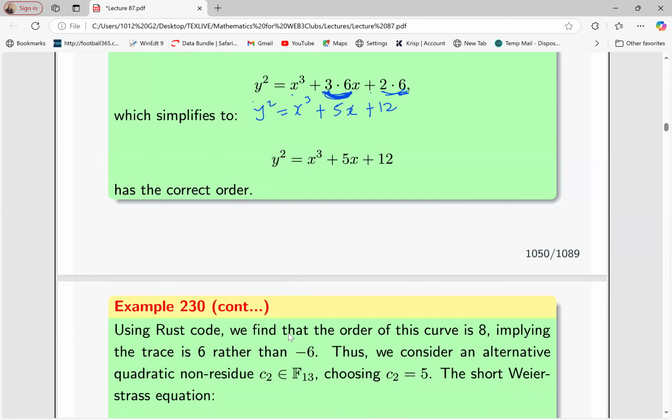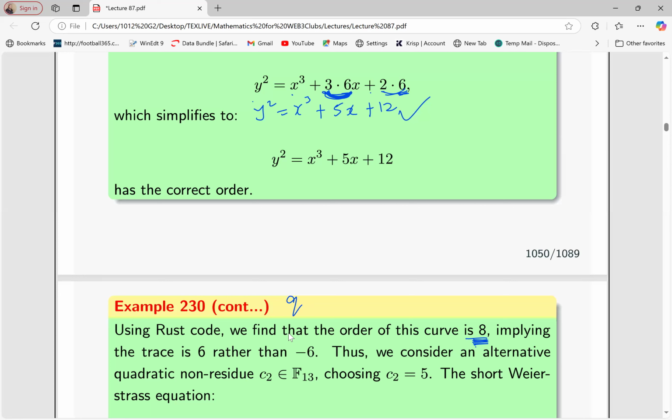Since it's not the one we want, we now choose a quadratic non-residue mod 13. What I mean is you choose a number mod 13 that has no square root.